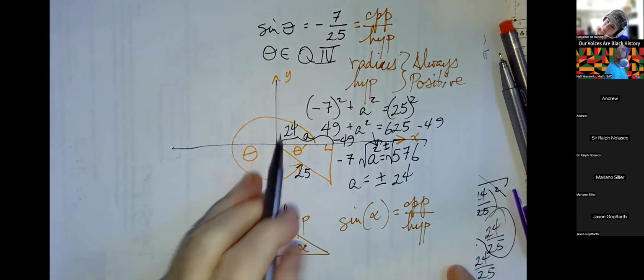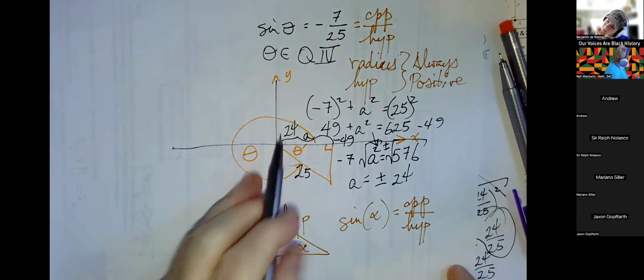Okay, so now we've got the three sides of a triangle. What did we want to find? What were we trying to find? Cosine. Okay, so cosine, in terms of the sides of a right triangle, what is cosine?